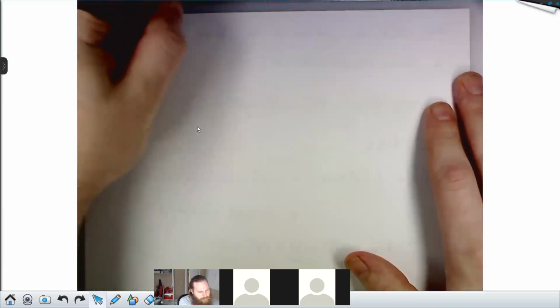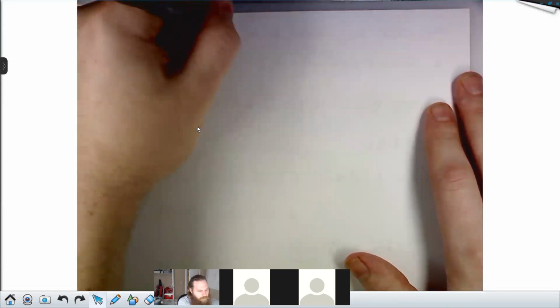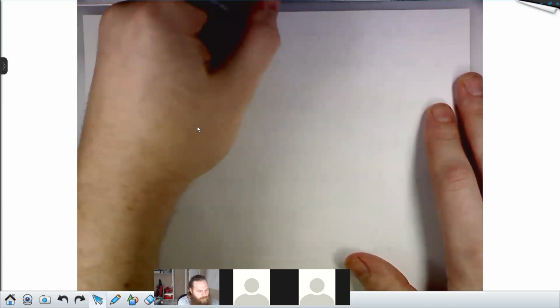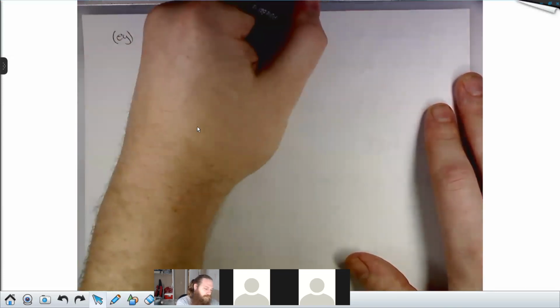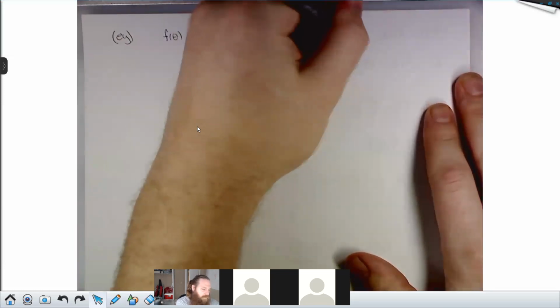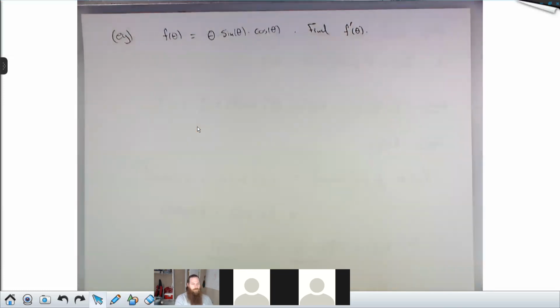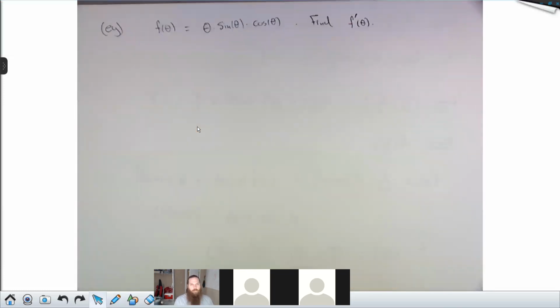Let's let f of theta be theta times sine theta times cos theta, and find just f prime of theta. This is an interesting challenge because there's multiple products in here. This isn't just two functions multiplied, there's three functions multiplied.